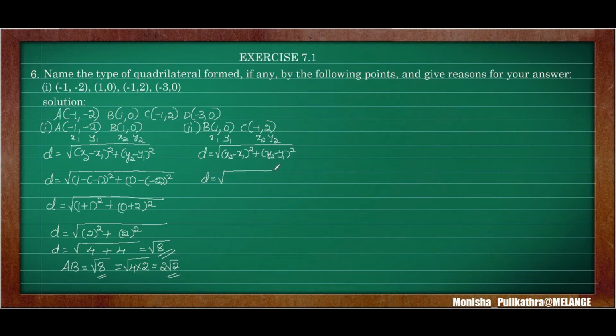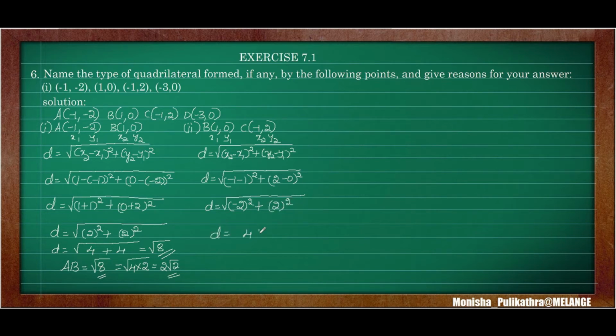So D is equal to square root of x2 is minus 1 minus x1 is 1, minus 1 minus 1 whole square plus y2 is 2, y1 is 0, 2 minus 0 whole square. So it will become minus 1 minus 1 is minus 2 whole square plus 2 minus 0 is 2, 2 square.